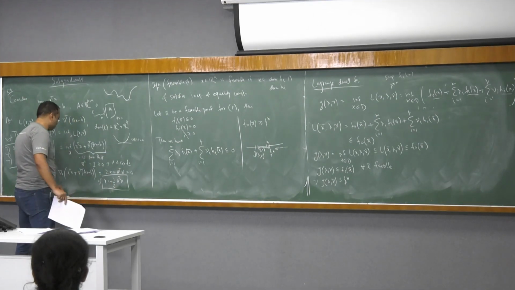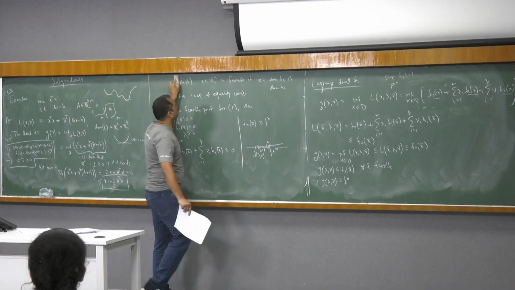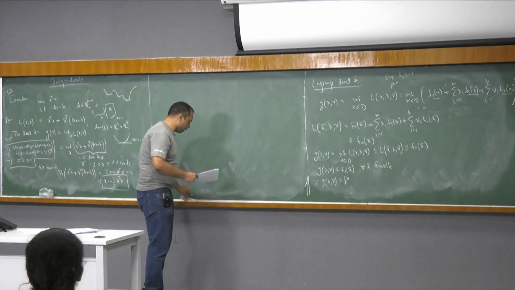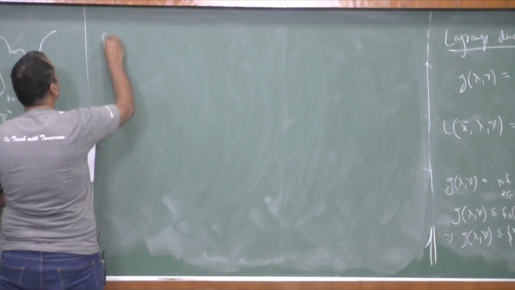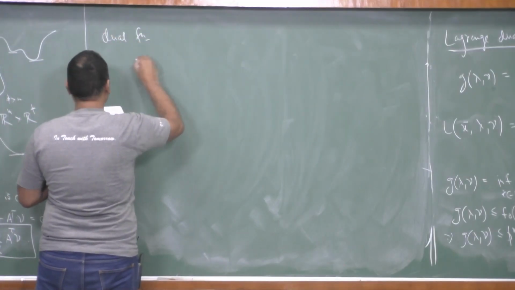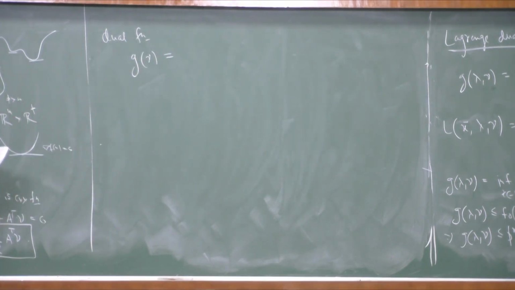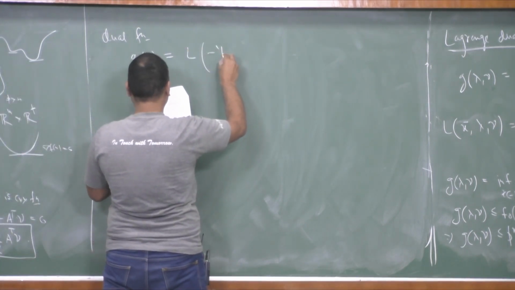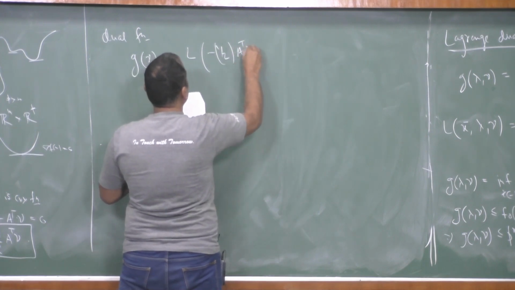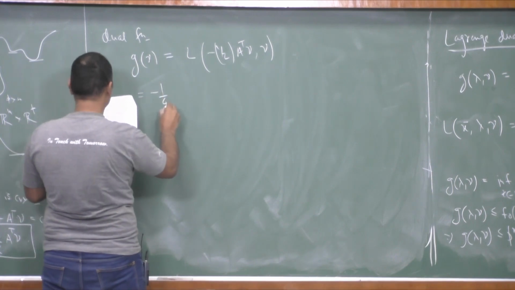But let us for the moment try to maximize g nu also. So at least the first step is, what is g nu? We know now. We have infimized this, so g nu we can write. The dual function is g nu, which is the Lagrangian of, so we will substitute minus half of A transpose nu, and that comes out to be minus 1 over 4.